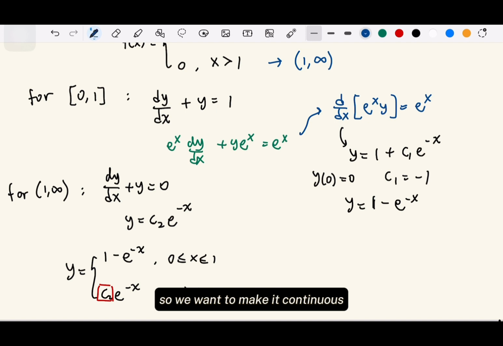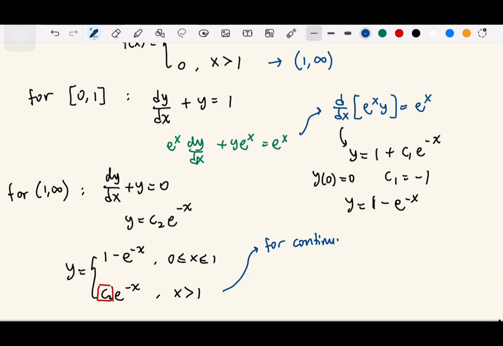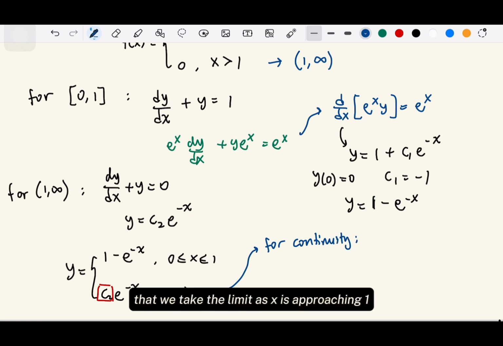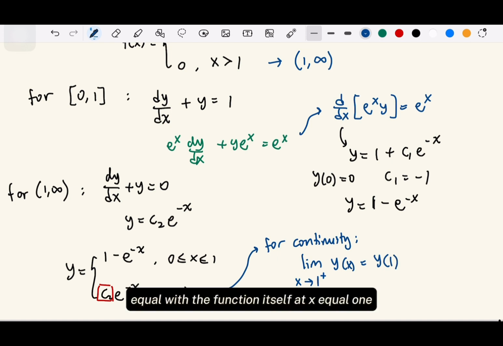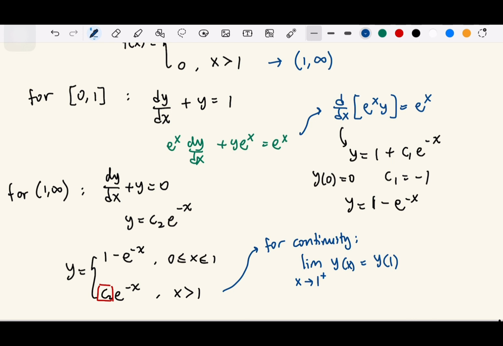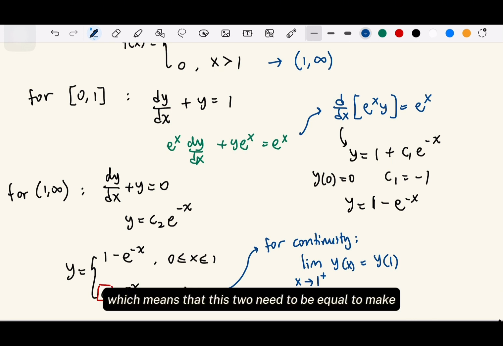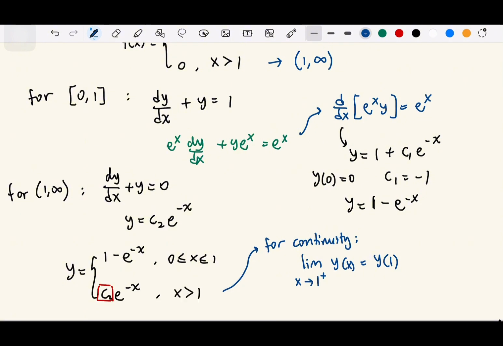So for continuity, we take the limit as x approaches 1 from the right of the function y of x. This needs to be equal to the function itself at x equals 1, which means these two need to be equal to make the function continuous.